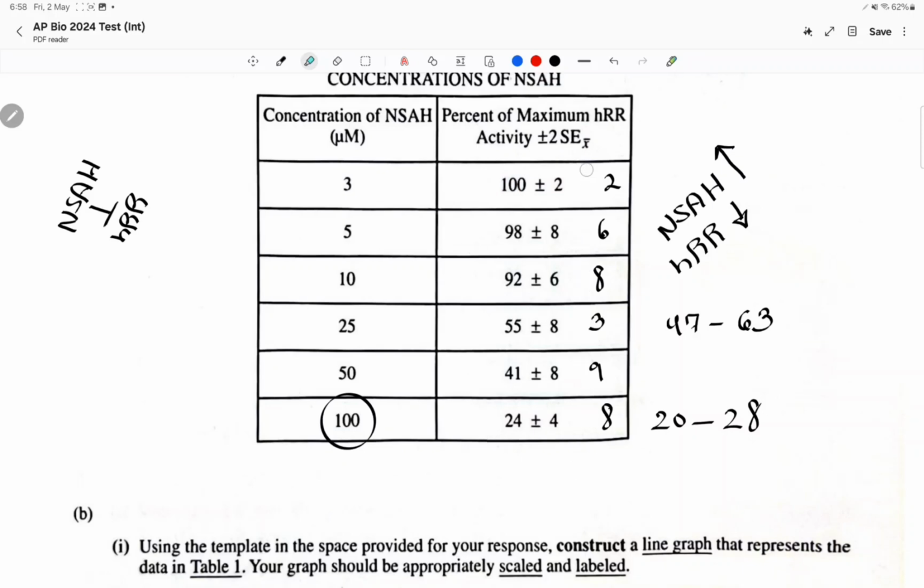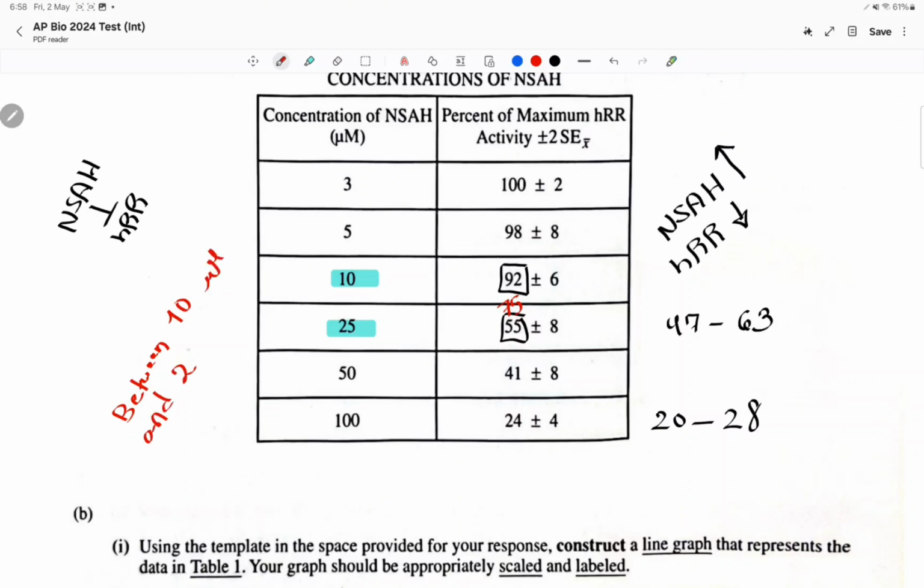Can we tell? 10 and 25? Yeah. Between 92 and 55, there has to be a 75, right? So between 10 micromolar and 25 micromolar of NSAH.